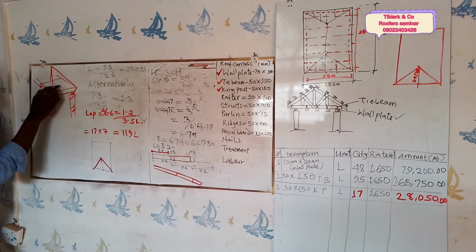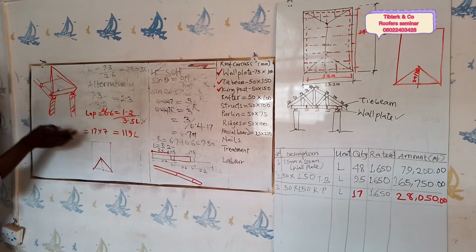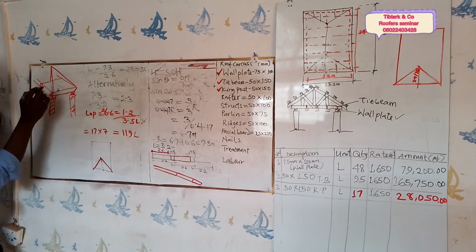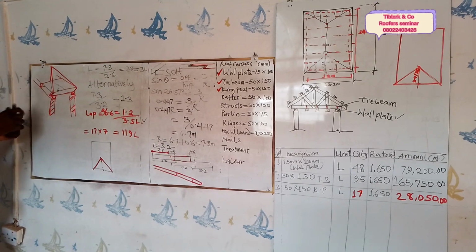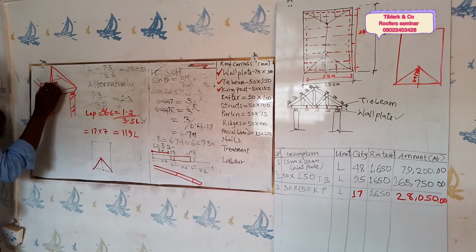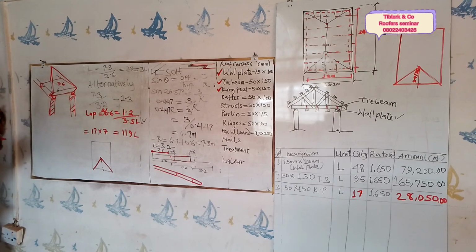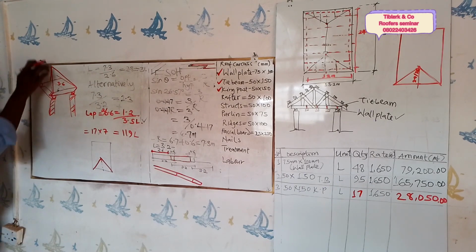And from here to here, we know it is 3.6 because we are using 3.6. So we can determine this now. After getting this, we now use these two to get this.